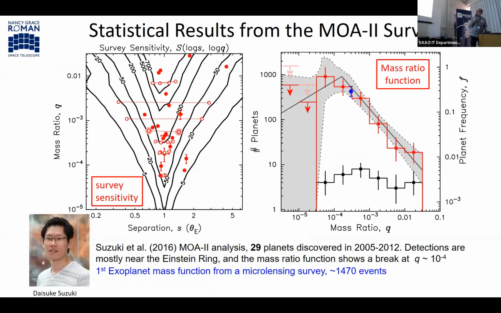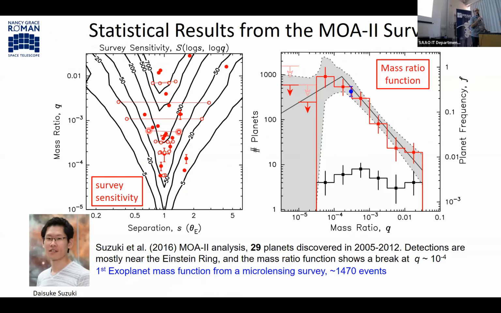All right, so the mass ratio function that last week I referred to comes from this Suzuki et al. 2017 paper. Microlensing naturally gets the mass ratio function because the mass ratio is one of the model parameters.